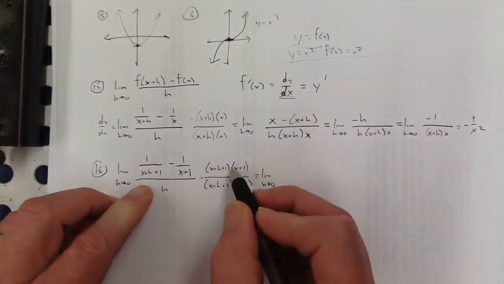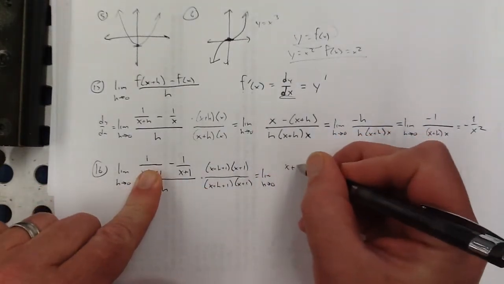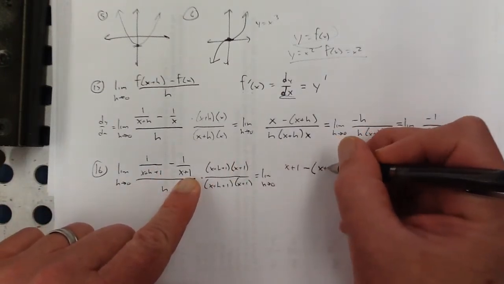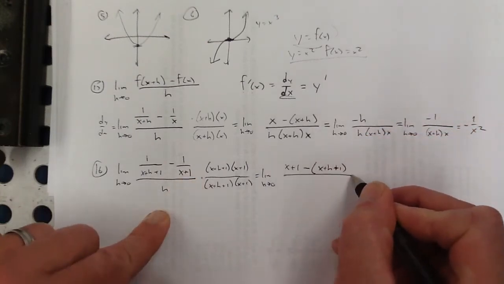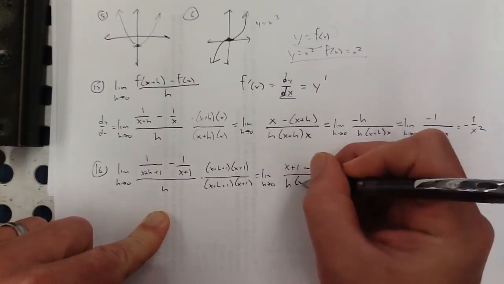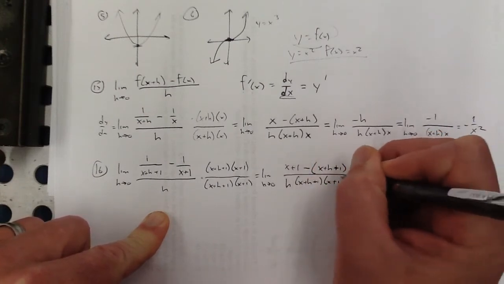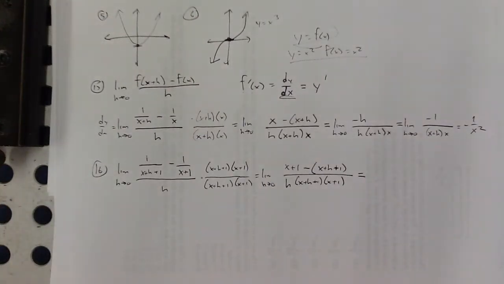So let's see, when I multiply this times that, those cancel and I just get the x plus 1 minus, and then I just get this, x plus h plus 1. Now my h, x plus h plus 1, x plus 1. Let's see, how much can we do in one step?